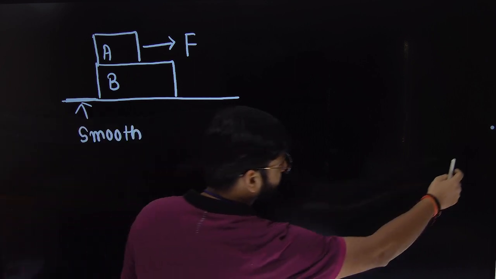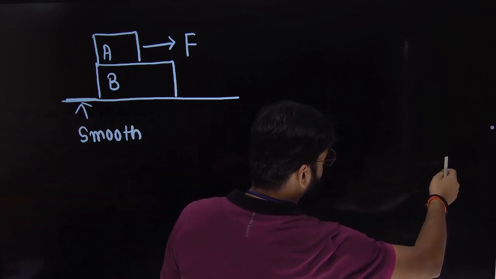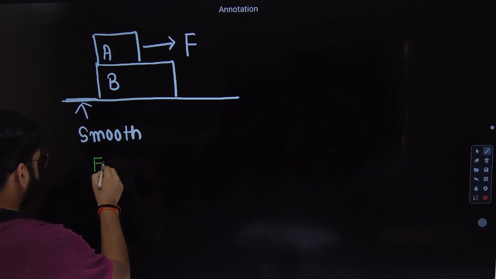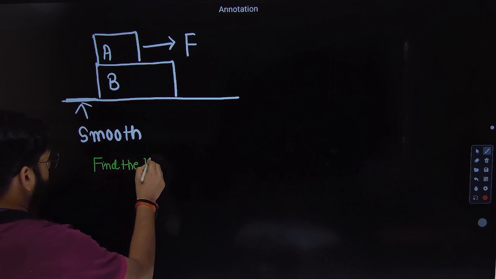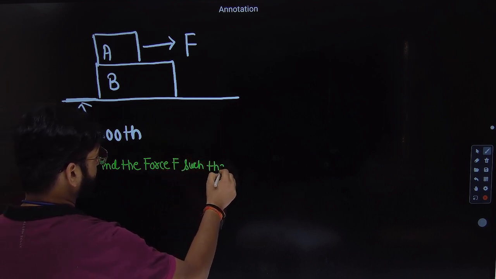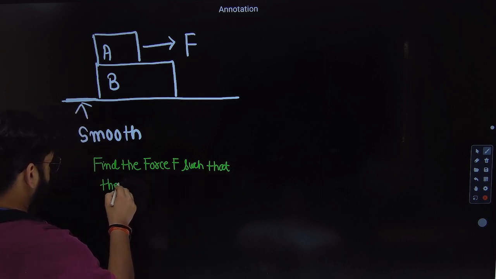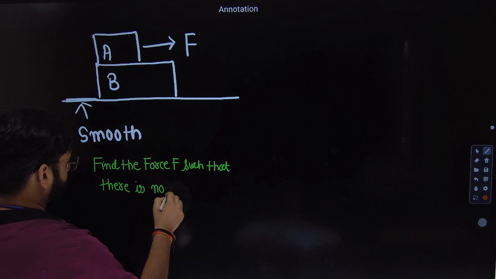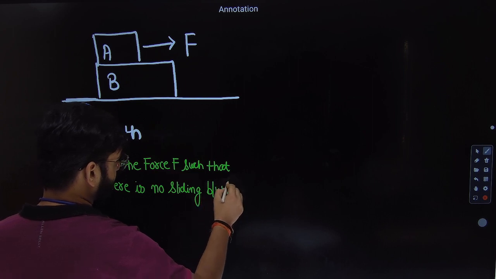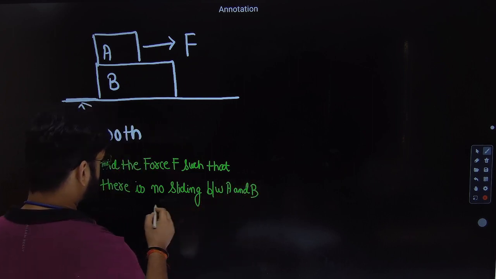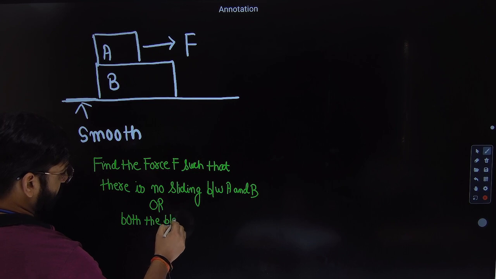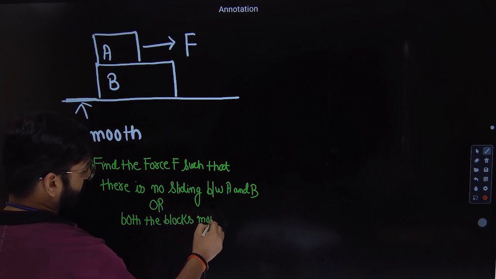Write down the question: find the force F such that there is no sliding between A and B, or you can say both the blocks move together.